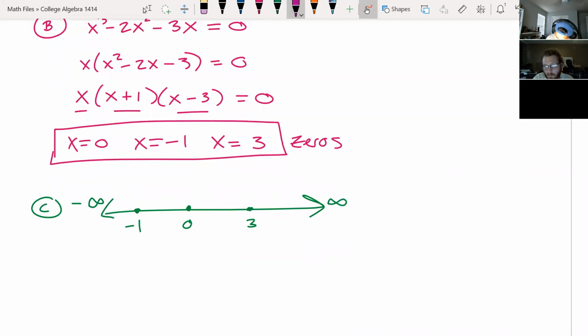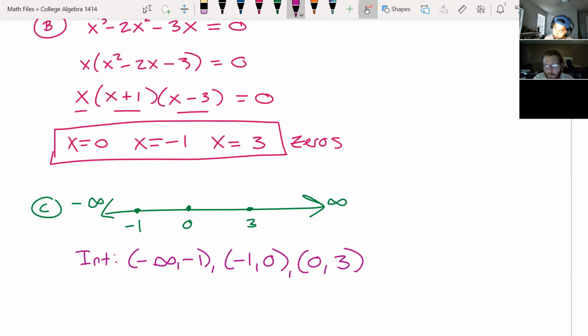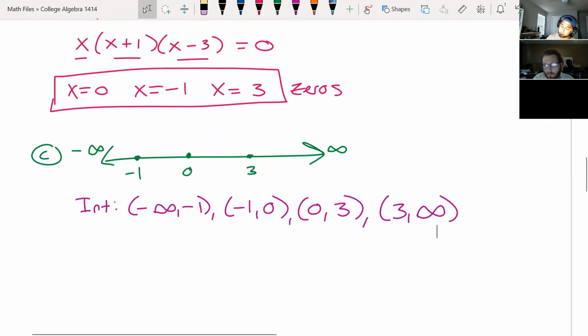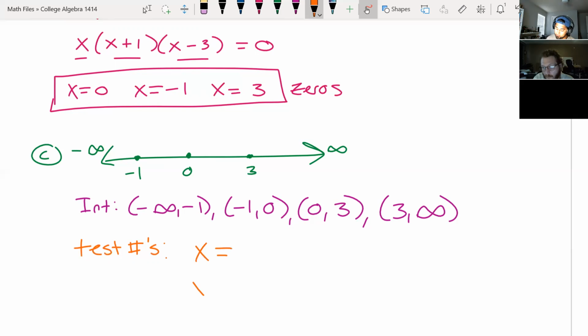And then intervals: -infinity to -1, -1 to 0, 0 to 3, and 3 to infinity. And then test numbers. We're going to have 4 intervals, 4 test numbers.